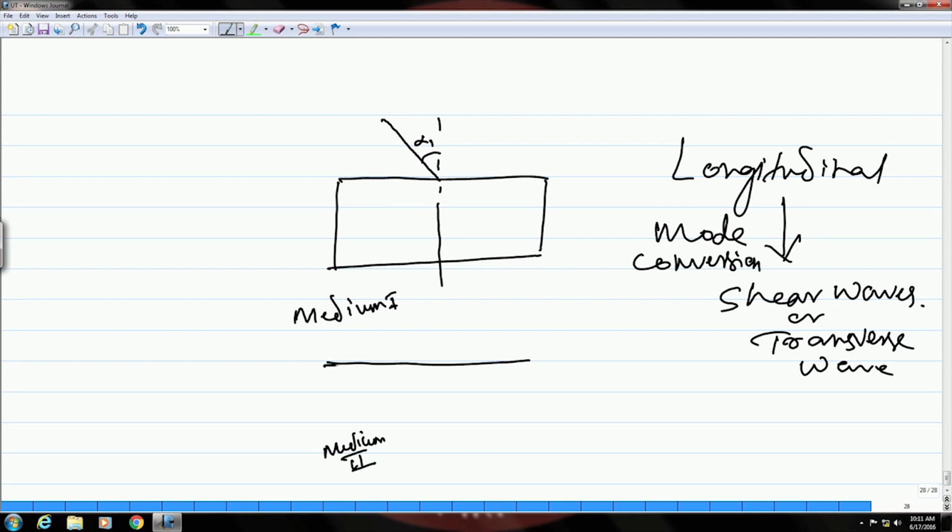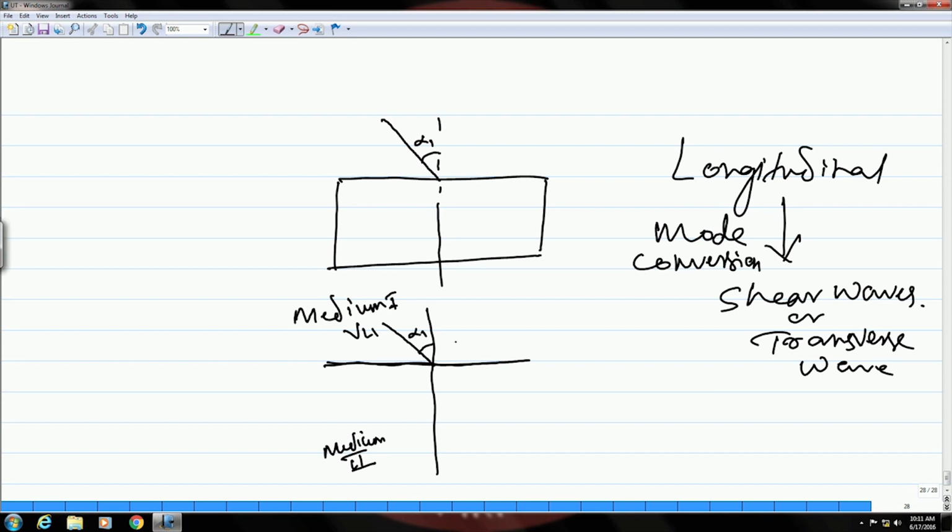So, this is the interface. So, if you have a small incident angle at this interface, then there is a possibility that a part of this longitudinal wave that you have, okay, will be converted into shear wave.